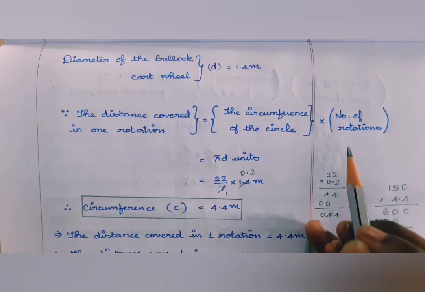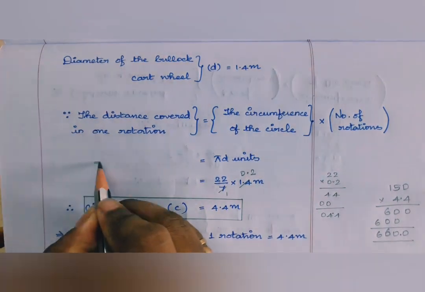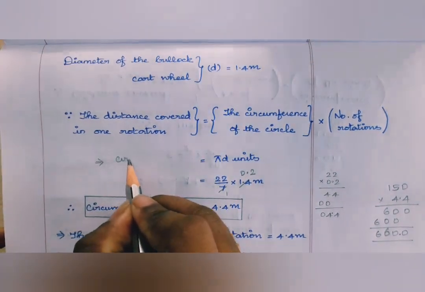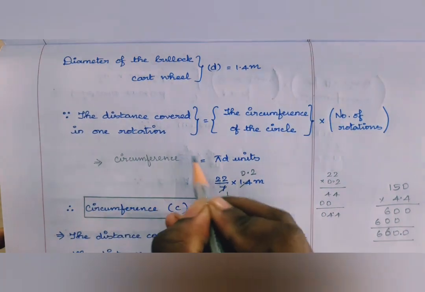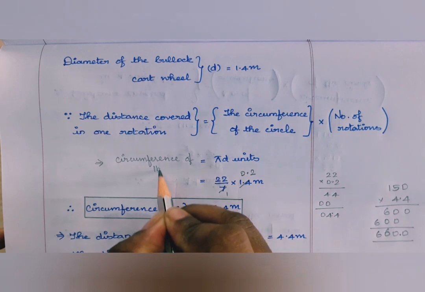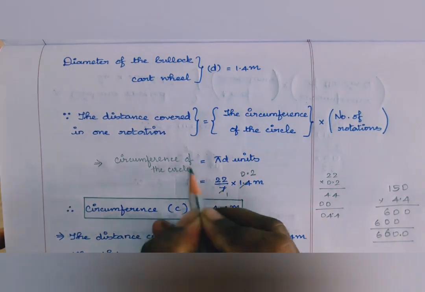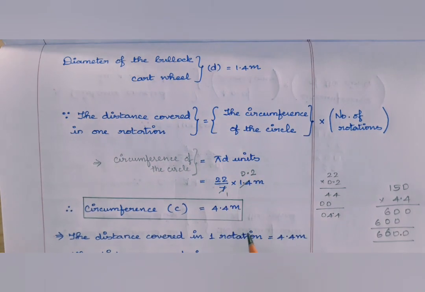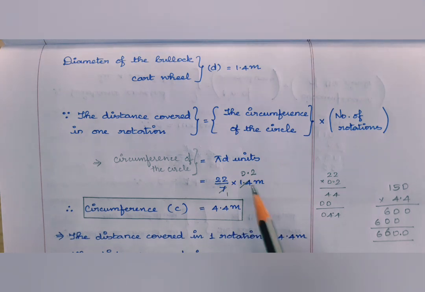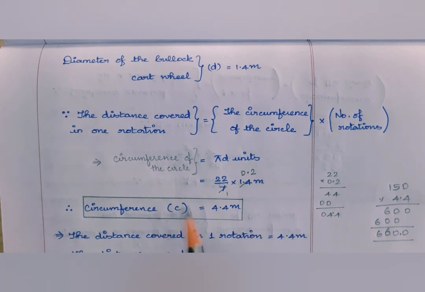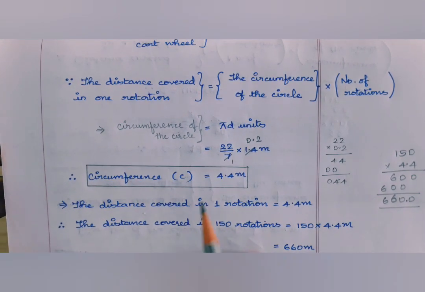Circumference of the circle is equal to pi d units, which is equal to 22 by 7 into 1.4 meter. Okay, 1 7 is 7, 0.2 into 7 gives you 1.4. Therefore, the circumference C is equal to 4.4 meter.